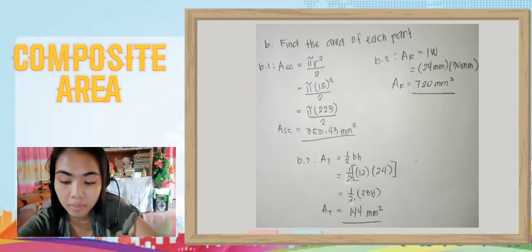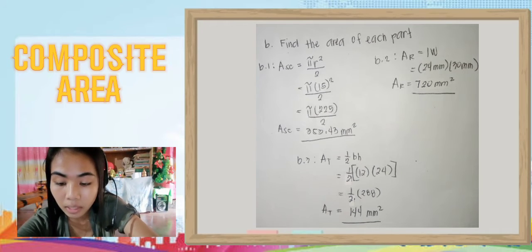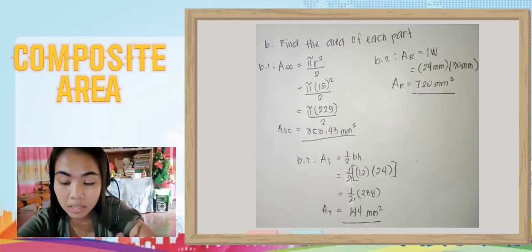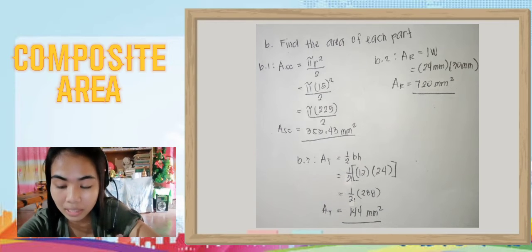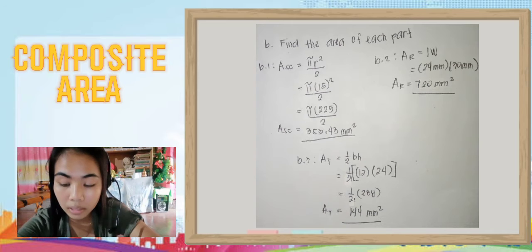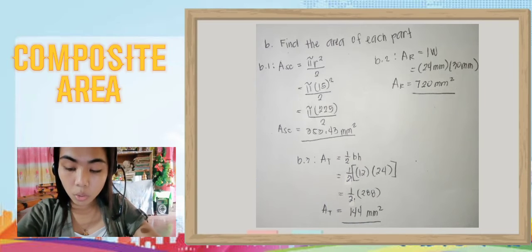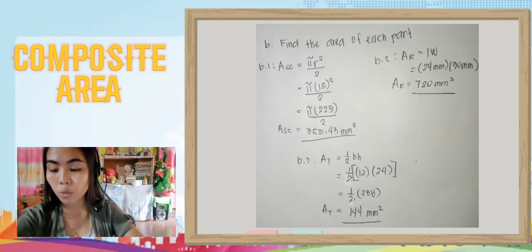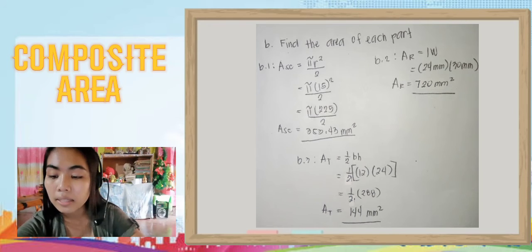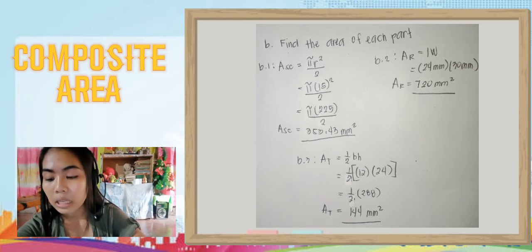So, 1/2 times the base, 42 minus 30, since that part is not included in the triangle, so it becomes 12. Times 24, which is the height, since it is equal to the height of the rectangle. So, 1/2 times 288, the area of our triangle is equal to 144 millimeters squared. After that, we just add the areas of all the composite parts.